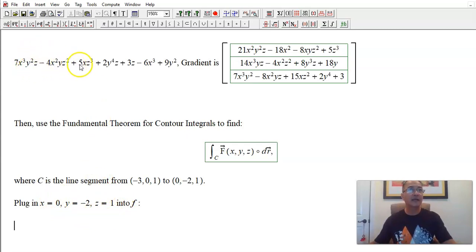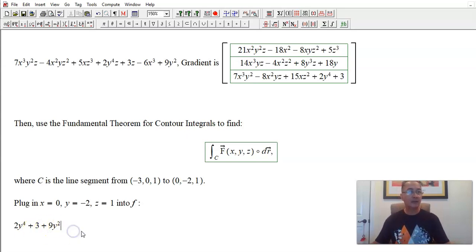X, oh, okay, got some here. So we have these 2 terms, and then x goes away, plus y squared. Those are the only terms that survive, thanks to the 0 in our x. And z is 1, so goodbye and goodbye.